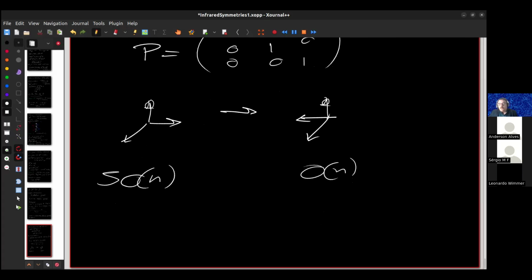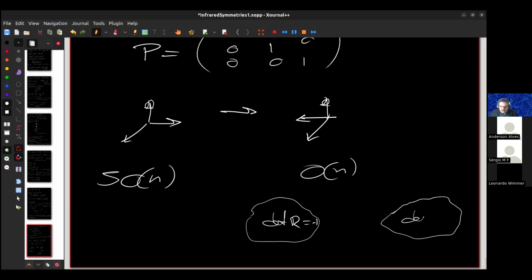And just to give a little bit more insight inside O(N) and SO(N), you can picture O(N) as being formed by two continuous pieces. It has this blob over here, which has that det R equals -1, and this blob over here, which has that det R equals +1. This one here is SO(N). When you apply a reflection, you can jump from one of them to the other, and the identity is in the second one.